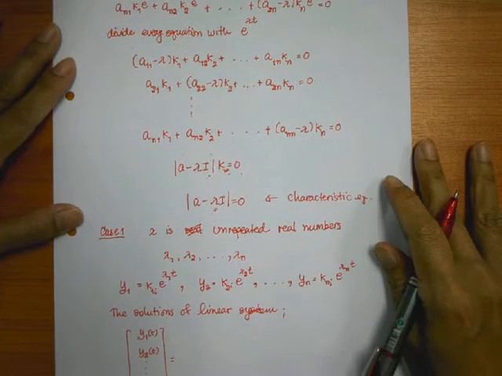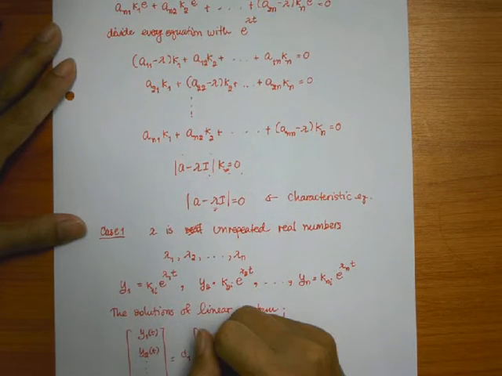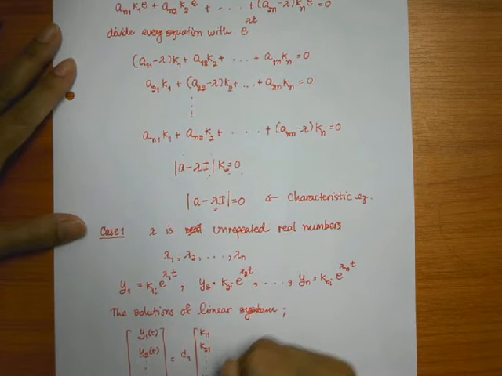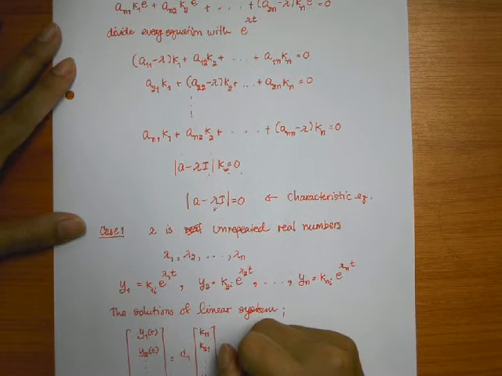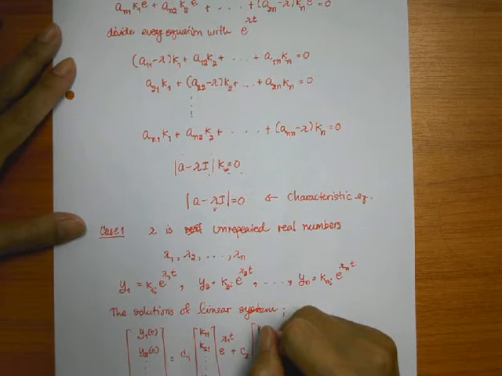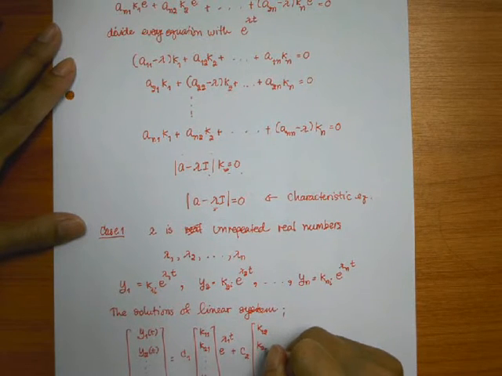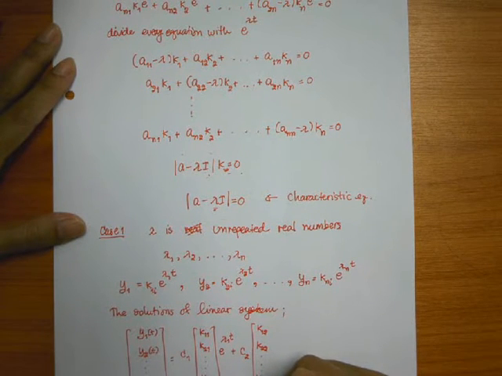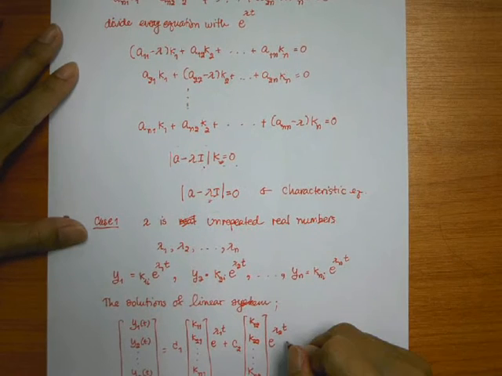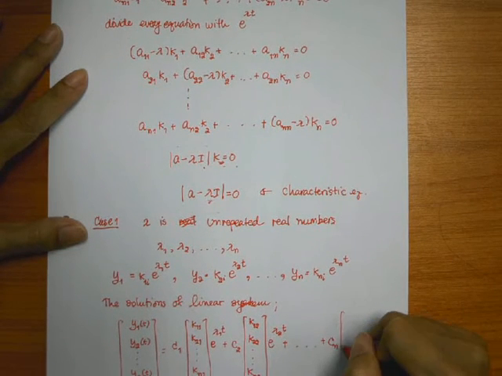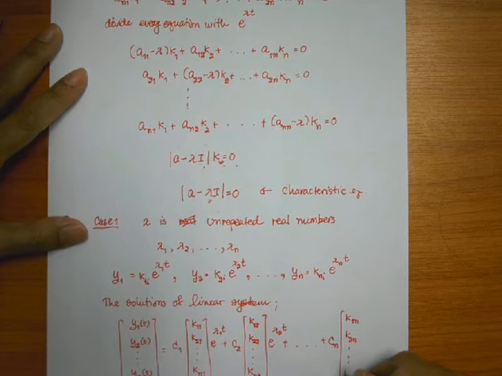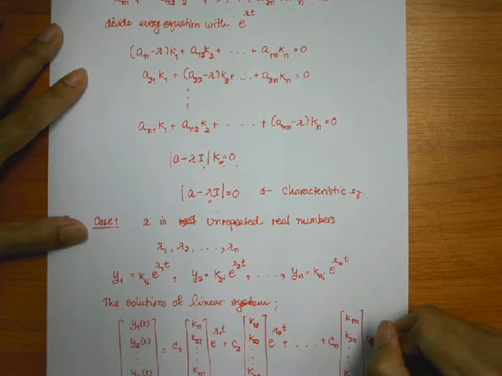of the linear system is equal to C1 times the vector K11, K21, up to Kn1 times exponential of lambda 1t, plus C2 times the vector K12, K22, up to Kn2 times exponential of lambda 2t, and the last term is Cn times the vector K1n, K2n, till Knn times exponential of lambda nt.